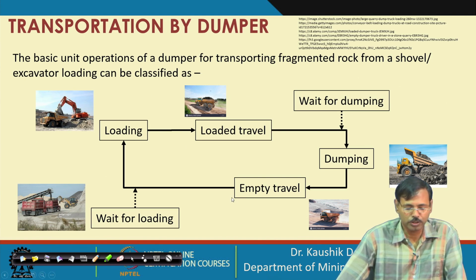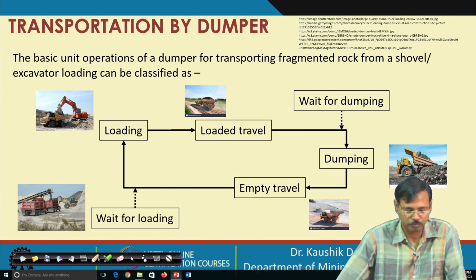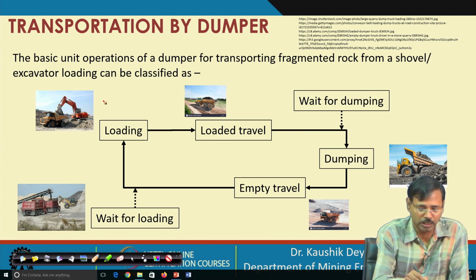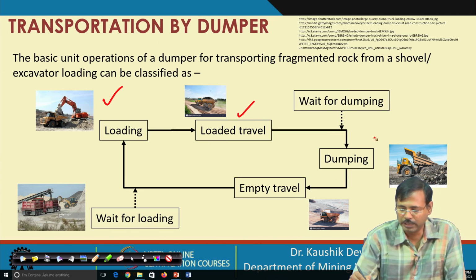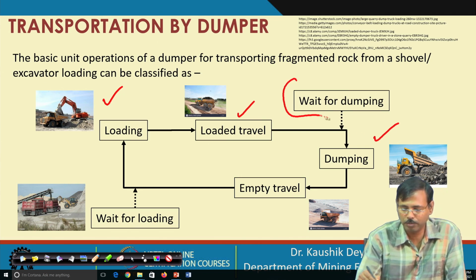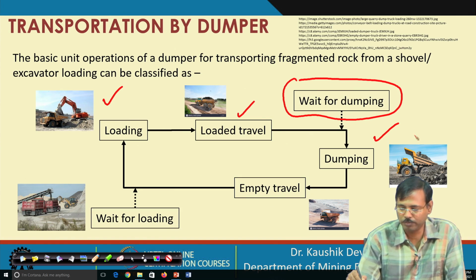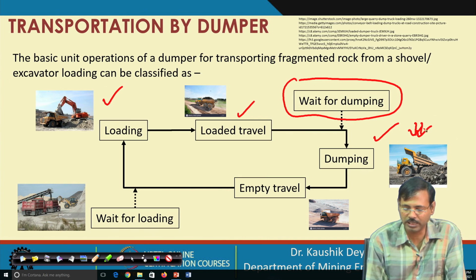In the last class, we have also seen the different unit operations to be carried out by the dumper in its life cycle, and those are loading, then loaded travel, then dumping. In between, there may be some waiting time if congestion is there at the loading or dumping site.